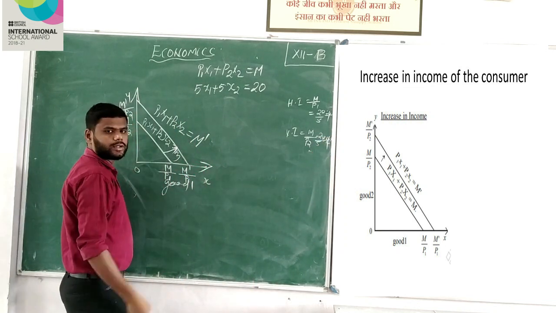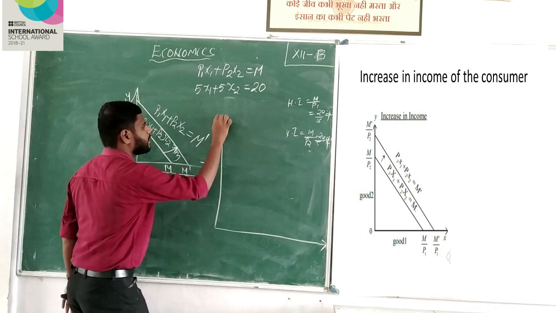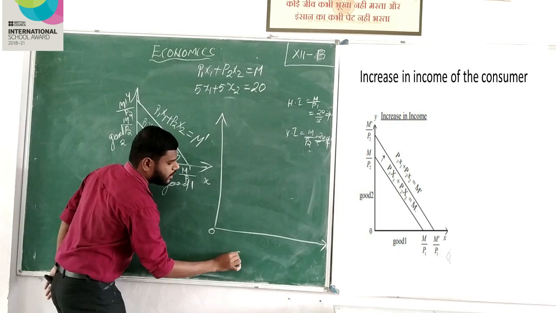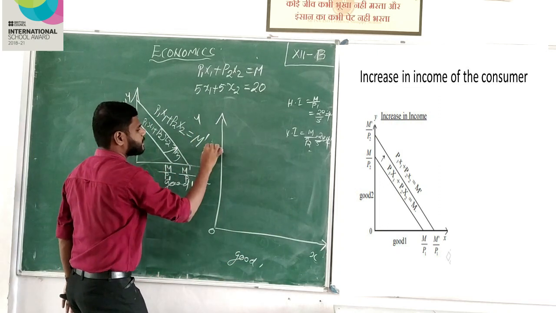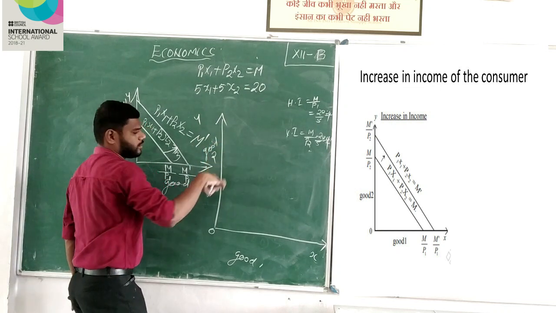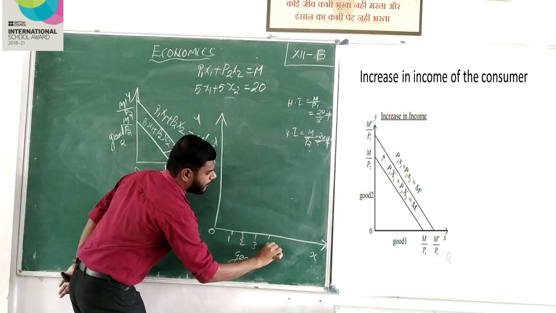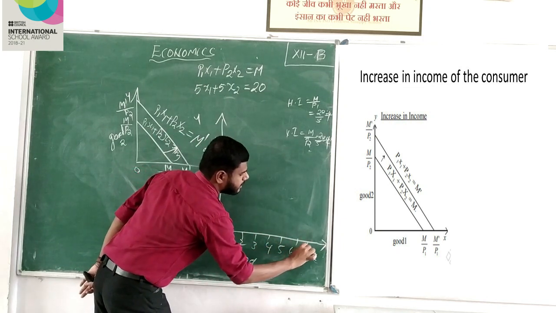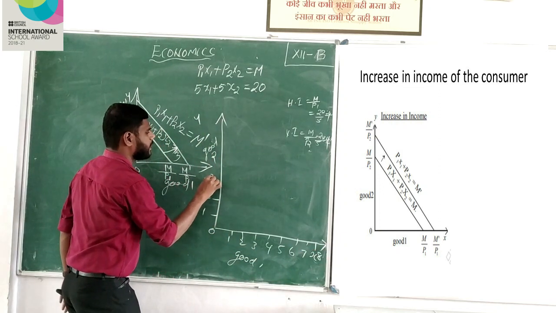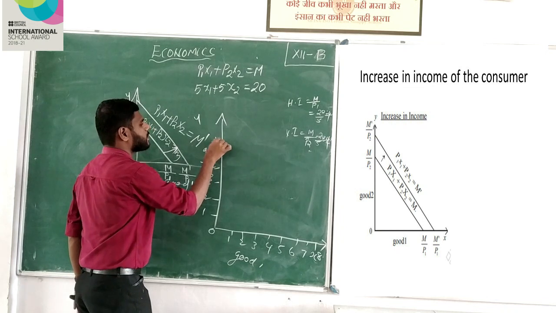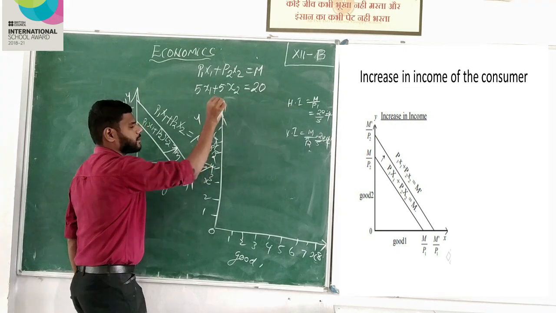Now, we have to draw the budget line. We take 0, here good 1 on the x-axis, and here the y-axis is good 2. Now we have to plot the values: 1, 2, 3, 4, 5, 6, 7 and 8 on each axis.